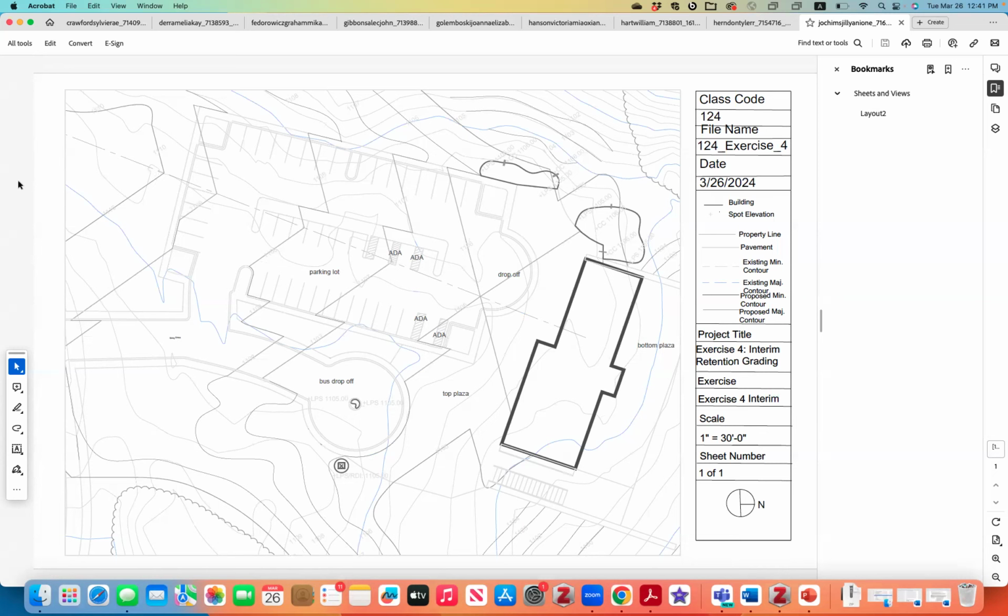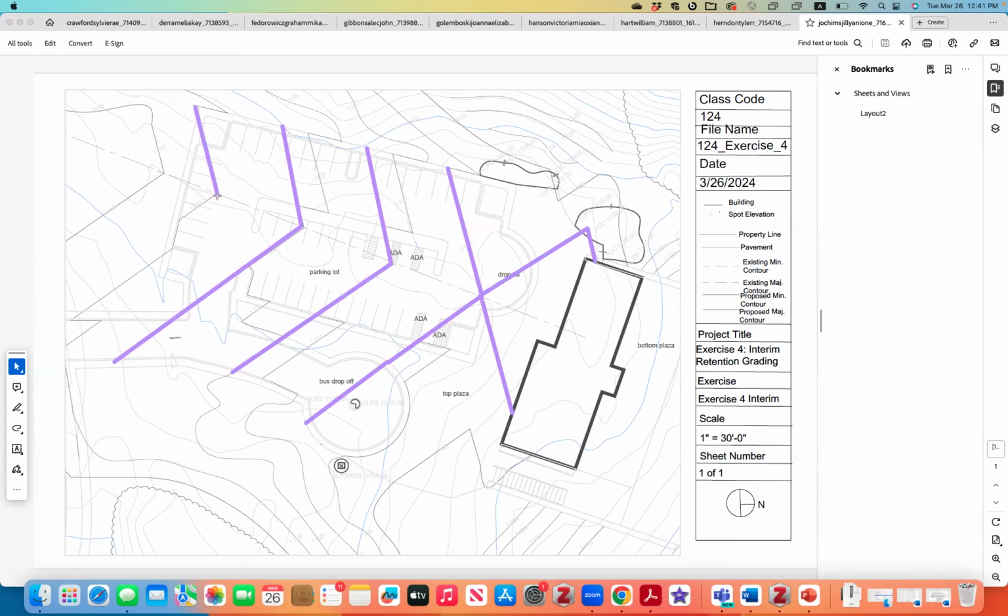So let's trace the original ones. This looks like the original contour. And then that goes like that, and actually it keeps going. And this looks like the next one, and that looks like the next one, and then this, like the next one.